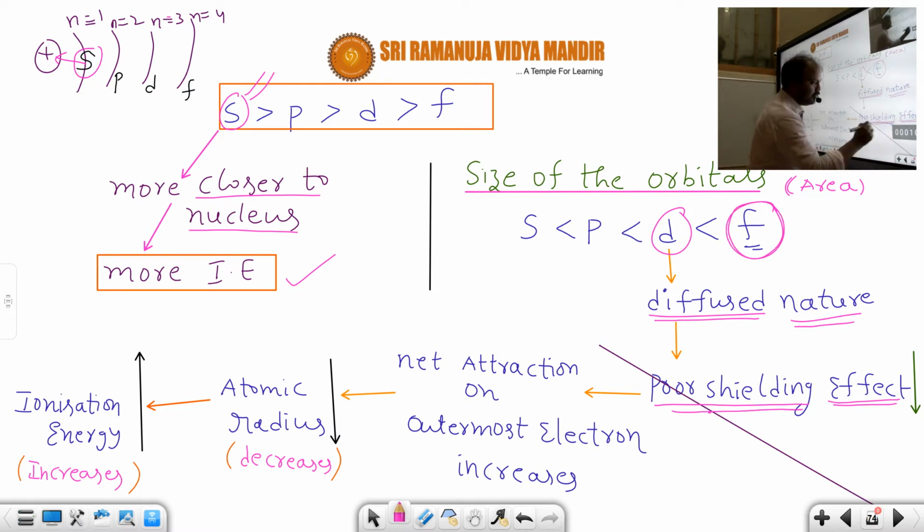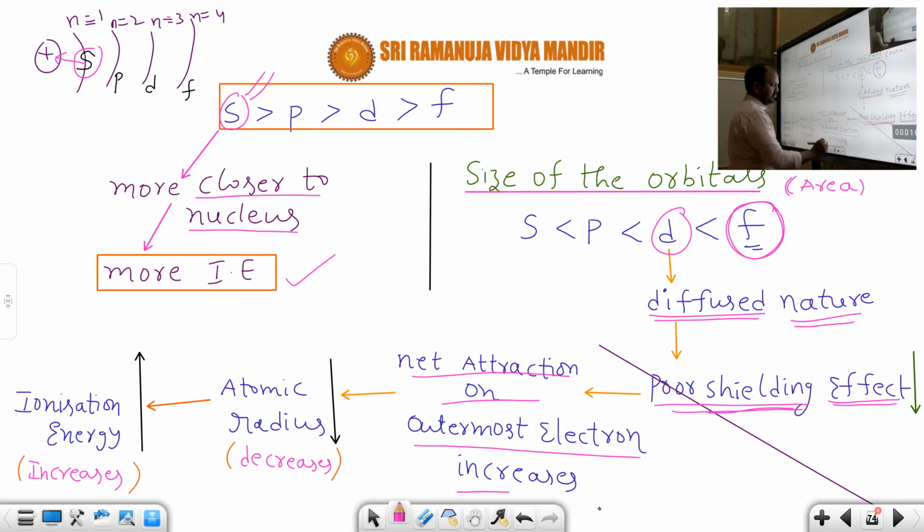Once again, whenever there is poor shielding effect, what happens to the net attraction on the outermost electron? It increases. The inner electrons do not protect the outermost electron, so the net attraction on it is more. When the net attraction is more, the distance decreases. When the distance decreases, the atomic radius decreases.